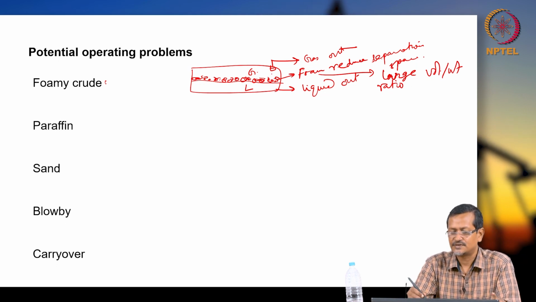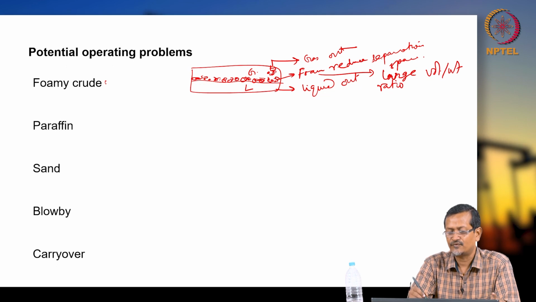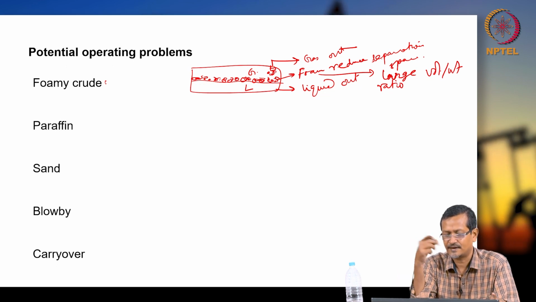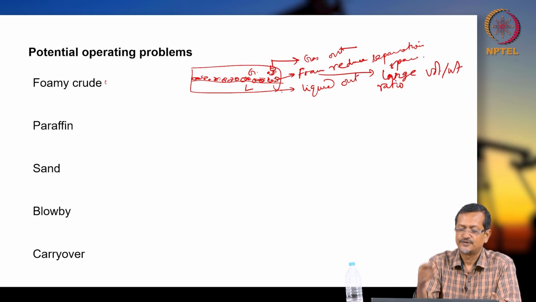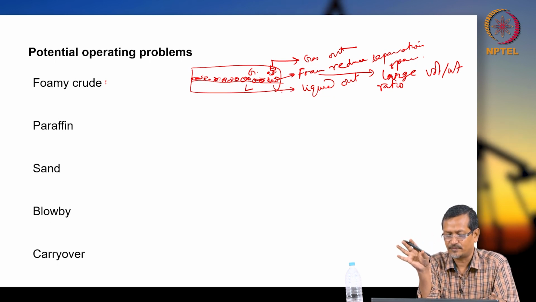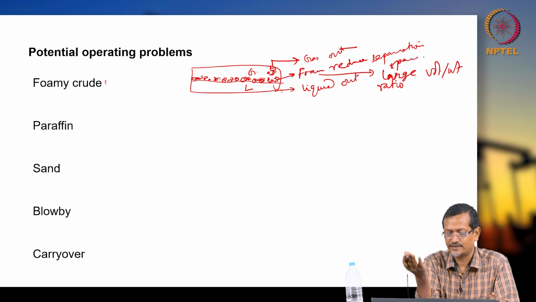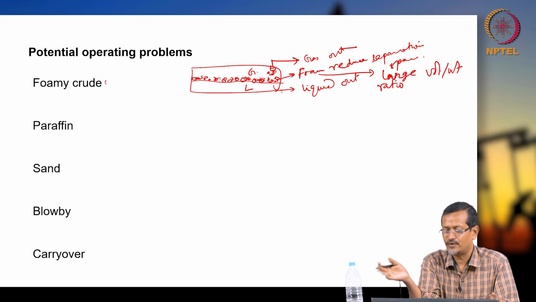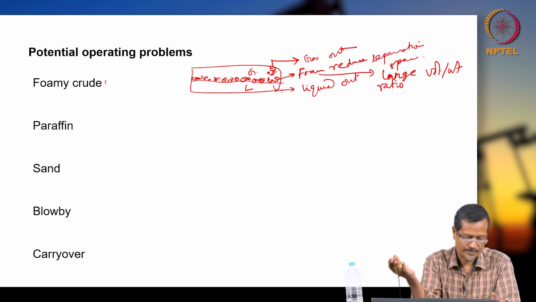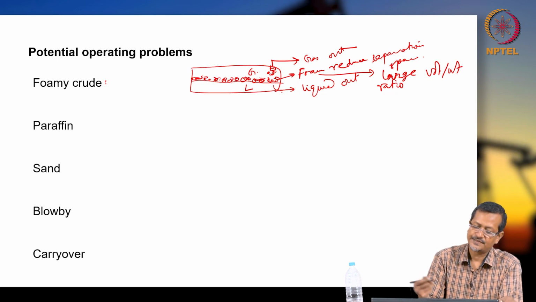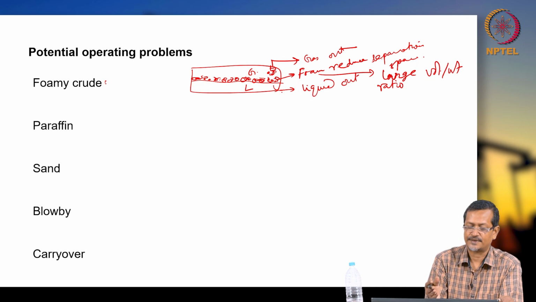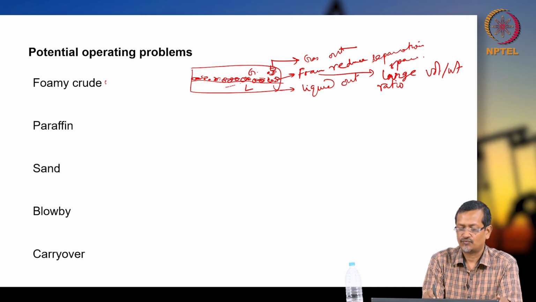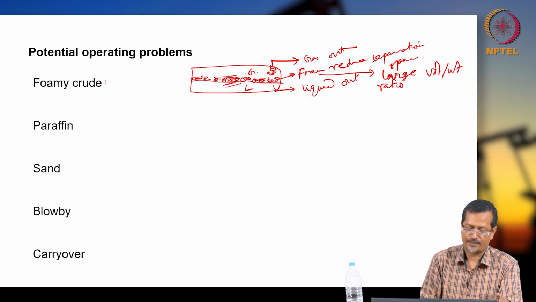So the gas line can get some foamy material, some bubble particles, or the liquid line can get some foamy material. In both cases it is a problem. So you have to remove the foam, then you can get your liquid out or gas out. In some cases you can use a foam depressant or chemical, in some cases a mechanical arrangement, defoaming plates.